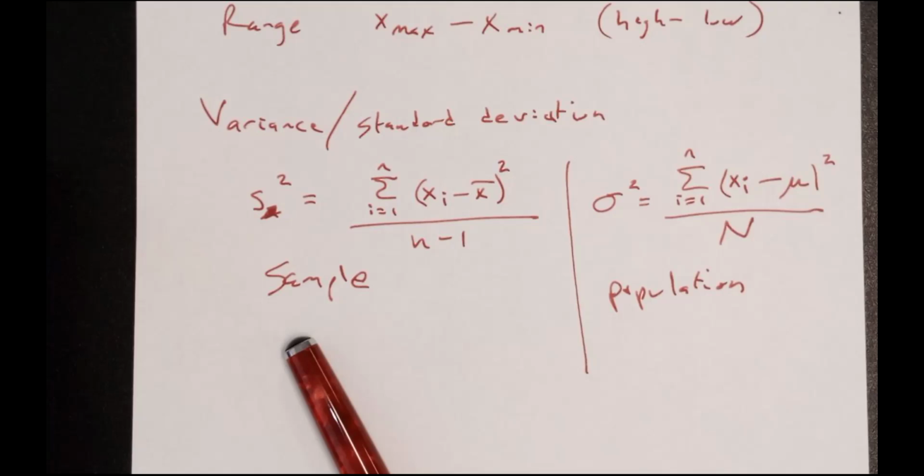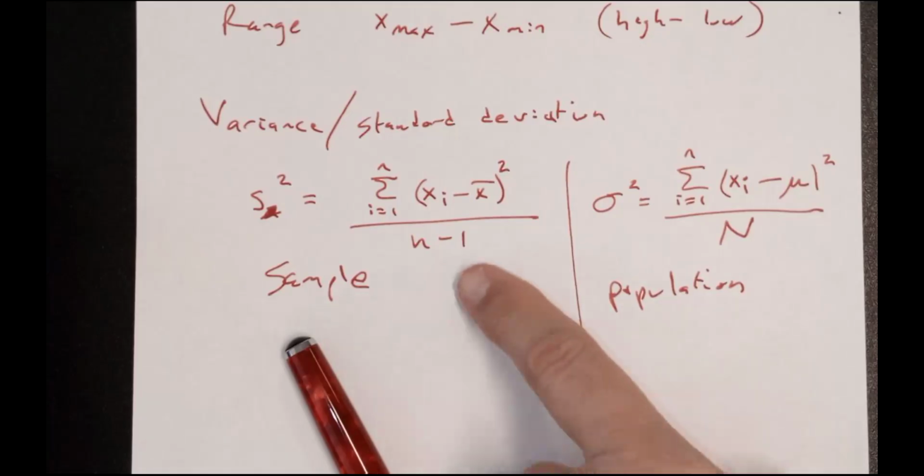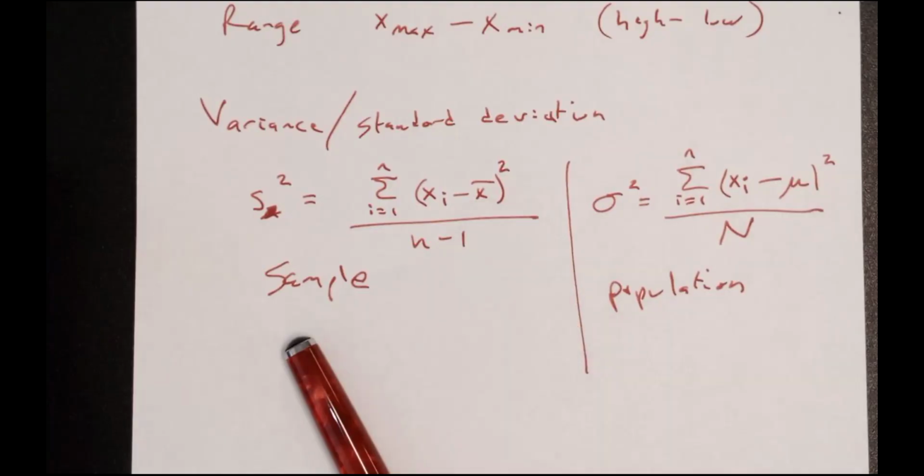And since you've used them once, you lose a little bit of freedom. It's literally called a degree of freedom. And so we take away that to give us a little more spread. Because when you divide by a smaller number, you get a bigger thing, right? So I give myself back that little edge. That n-1 is called Bessel's correction.